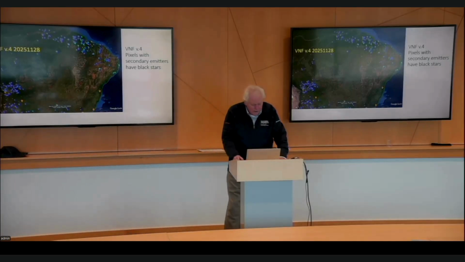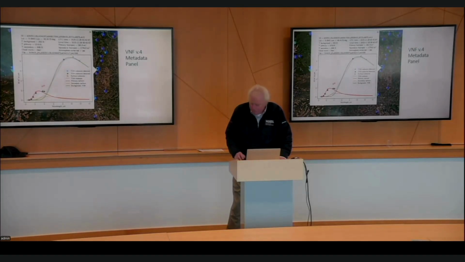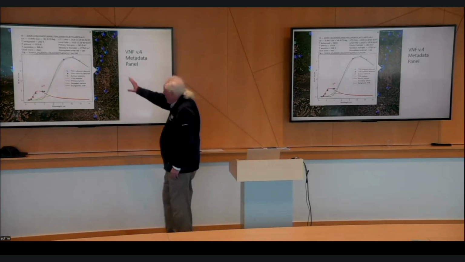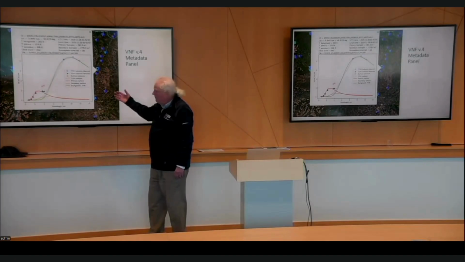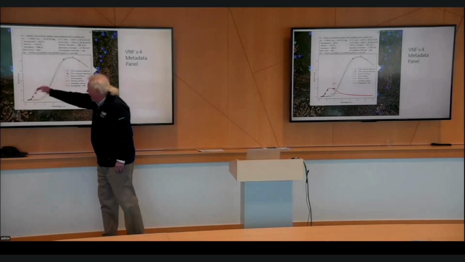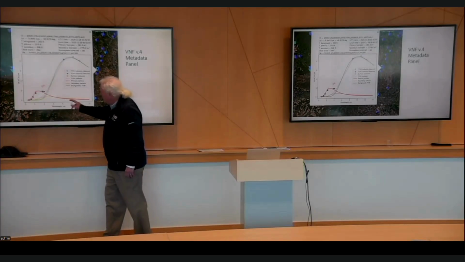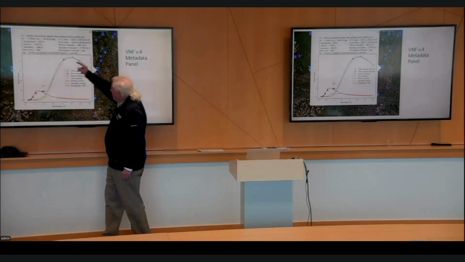So you can find the ones that have a secondary emitter. And here's the output for the same pixel that we just looked at, but from the different algorithm, with a Planck curve for the hot object, the flaming phase, a Planck curve for the non-flaming phase, then a Planck curve for the background.